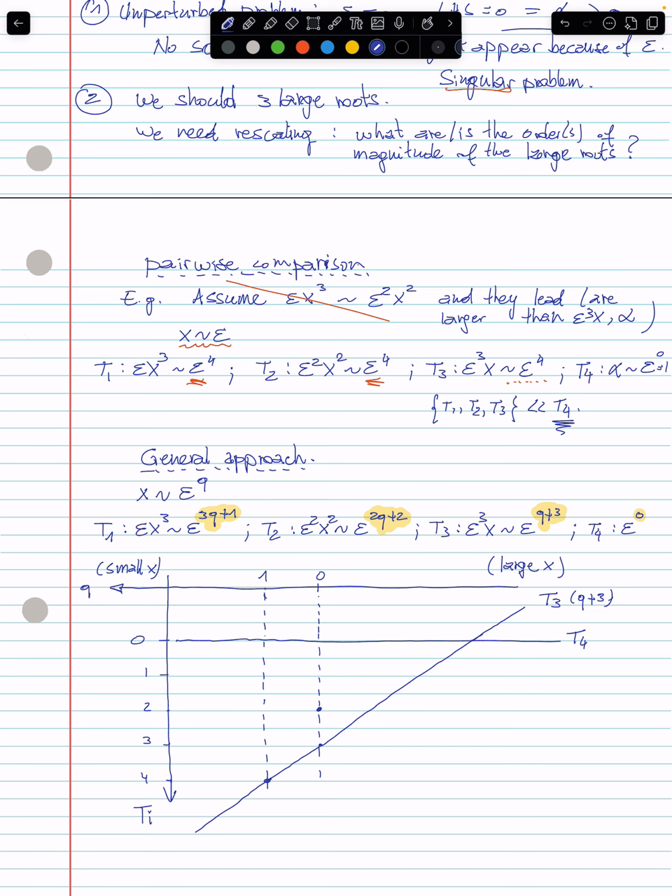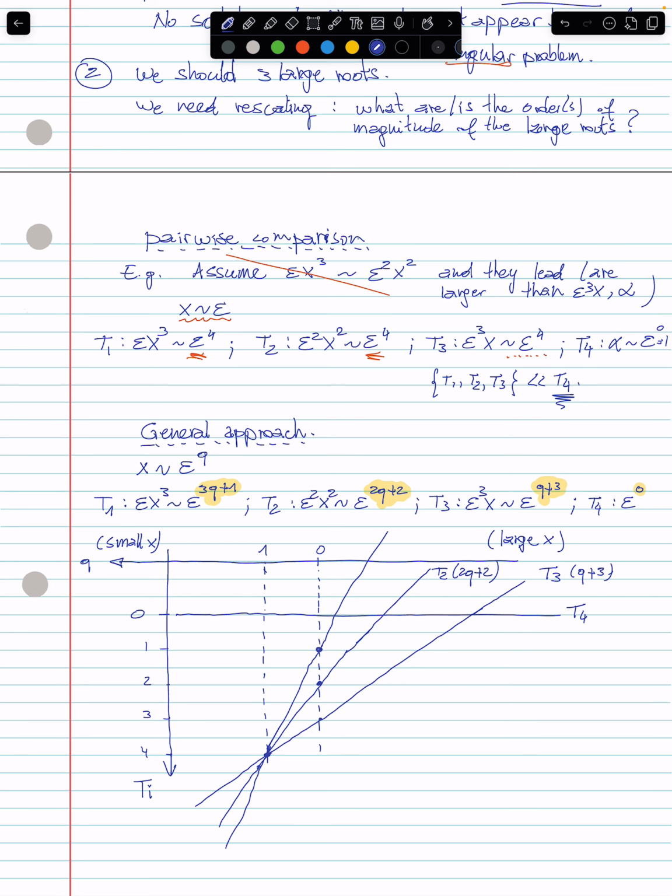So that looks like this, and this is T2, 2q plus 2. Last but not least, the first term, 3q plus 1: when q is equal to 0, it passes through this point, and when q is equal to 1, we have 4. So it passes again through the same point as earlier, like this.